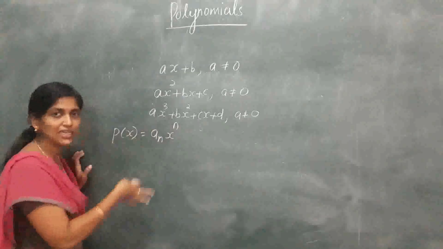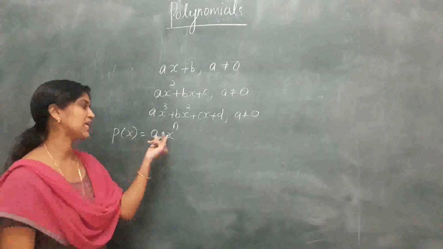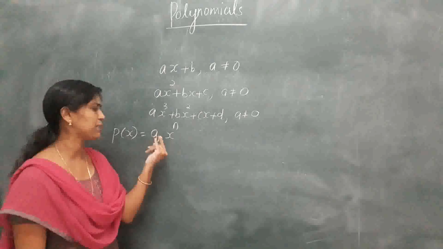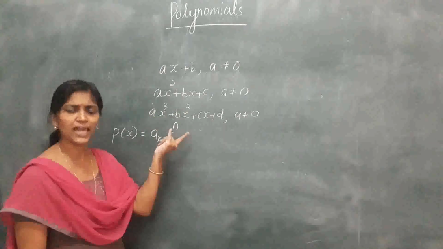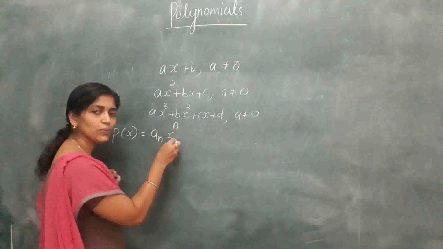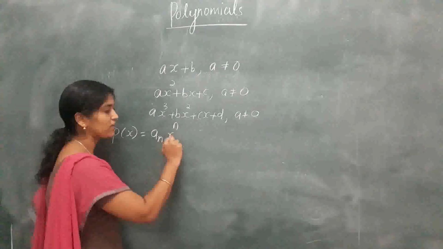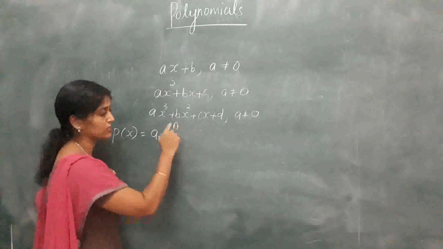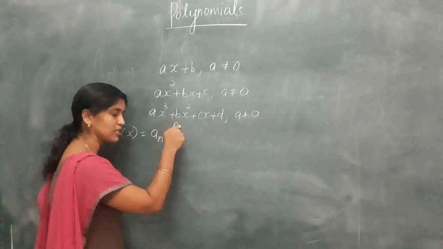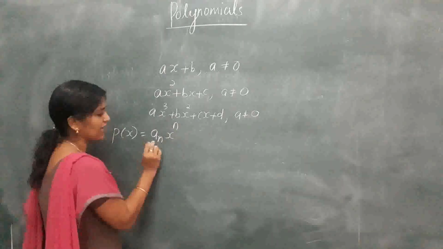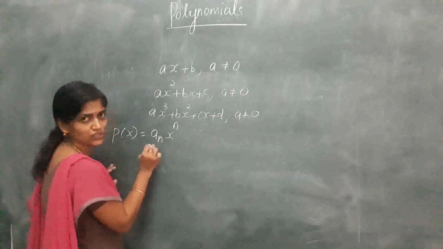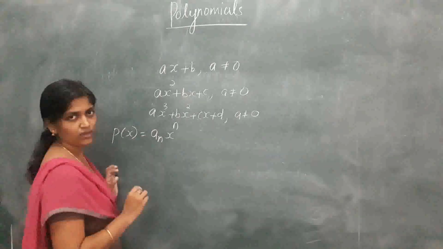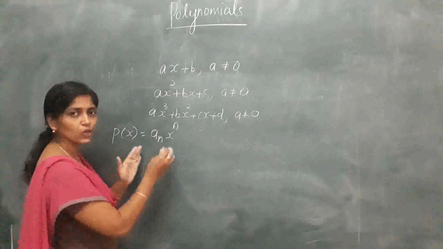When we say general form, normally we take the highest power of x as some n, or degree n, and along with that it must have a coefficient, which we took as a n.